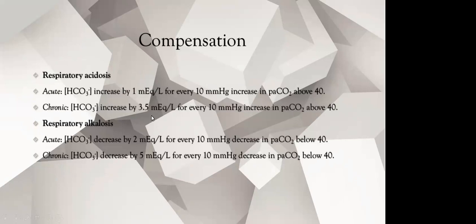In chronic settings, it increases by 3.5 milliequivalents. In alkalosis, bicarbonate decreases by 2 milliequivalents for every 10 mm Hg decrease in partial pressure of carbon dioxide. And in chronic cases, it decreases by 5 milliequivalents for every 10 mm Hg decrease in partial pressure of carbon dioxide.